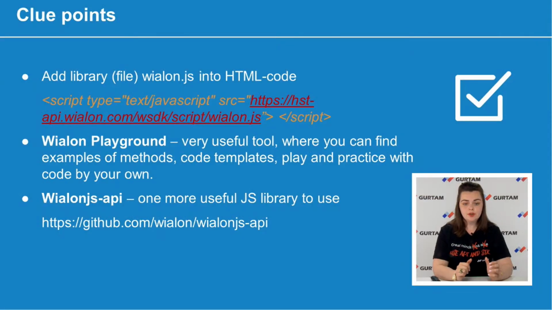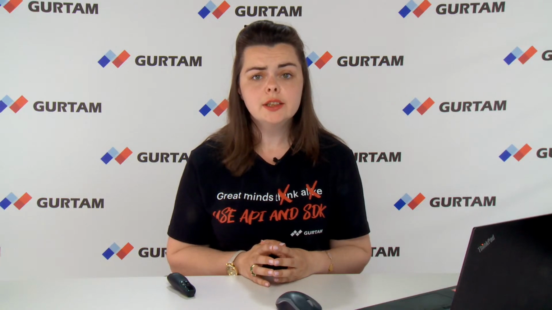Today's webinar was a brief overview of JS API use. We also discussed various libraries that can help you write code for your JS web app. Of course, you can also use just the remote API by making POST requests from your web app. You can find all examples in the link in the description below.